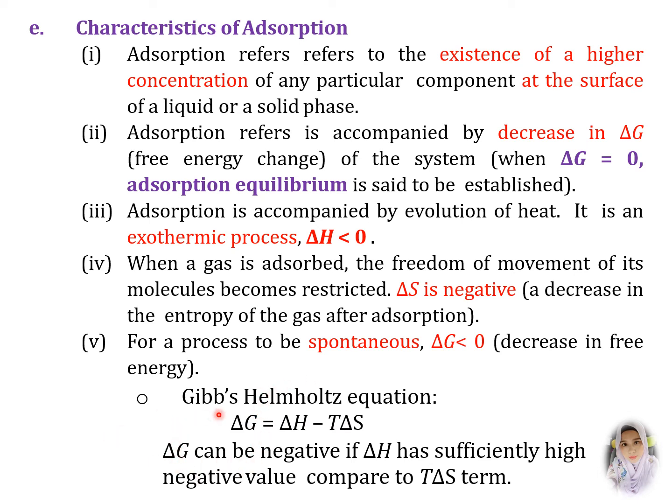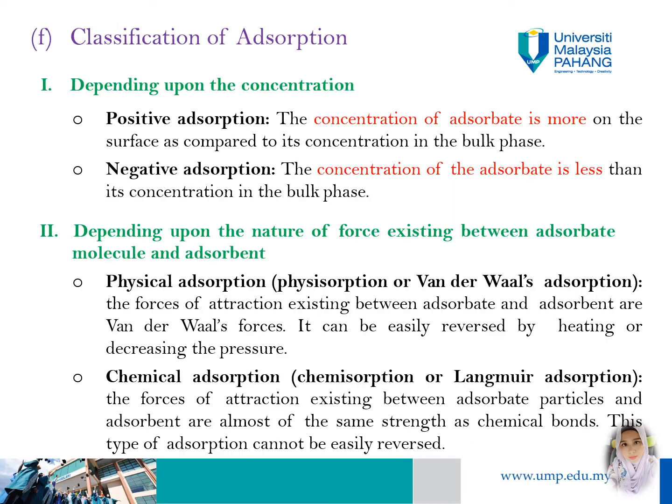On the basis of the Gibbs energy equation, delta G is equal to delta H minus T delta S, which can be negative if delta H has a sufficiently high negative value, and probably change in S has a positive value.